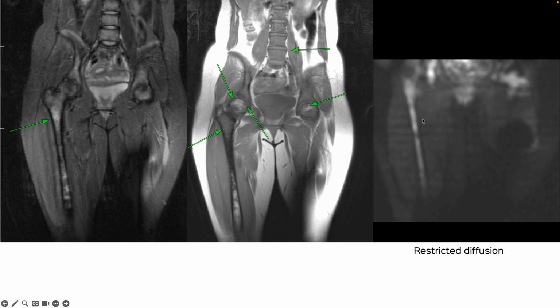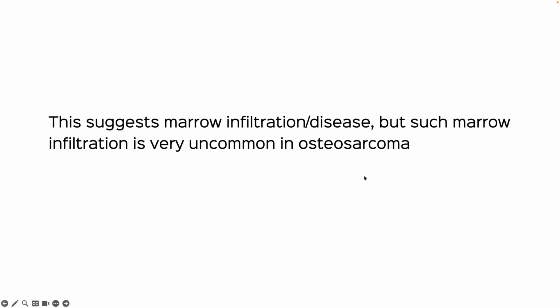So the whole body diffusion that was done, a proper reconstruction somehow was not achievable. So this is the single station here of the femur, and I've MIPped this a little, and you can see this altered signal within. And so to me, this suggested marrow infiltration disease, which I put down in the report.